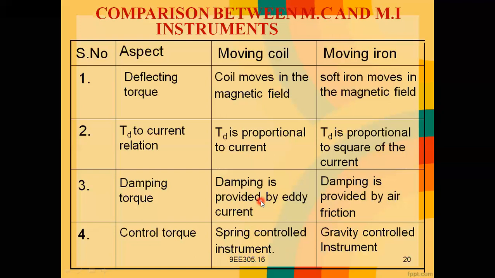Coming to MI, anyhow, the deflection torque is not proportional to current, and if we go for spring control, there are static or stiffness problems with the spring, so we can go for gravity control to avoid the errors of aging related to the spring.